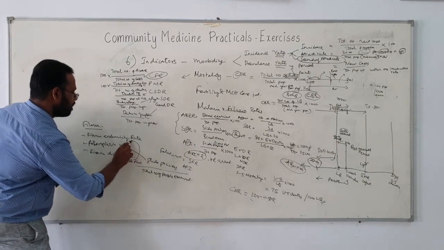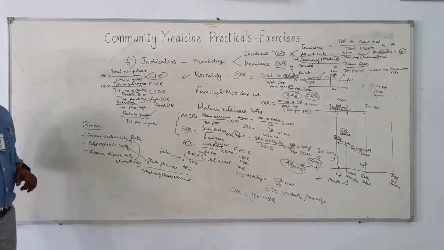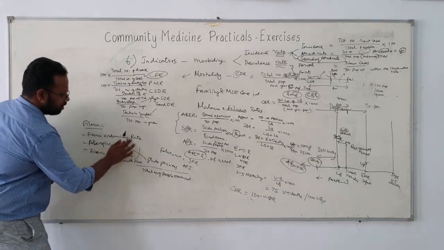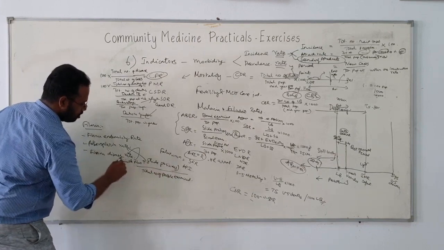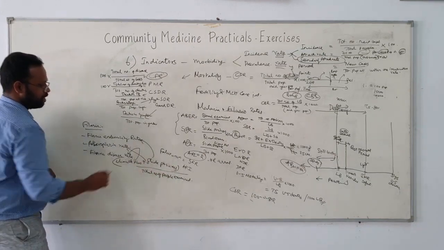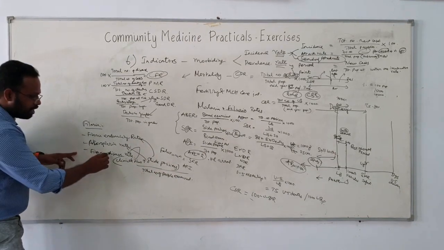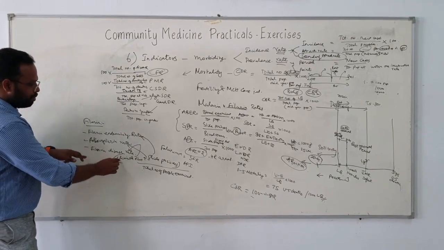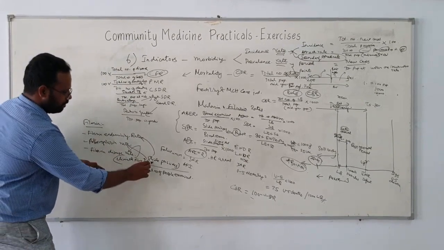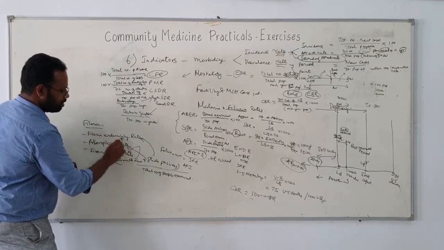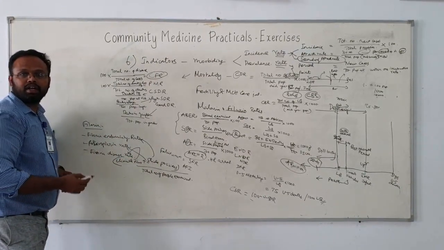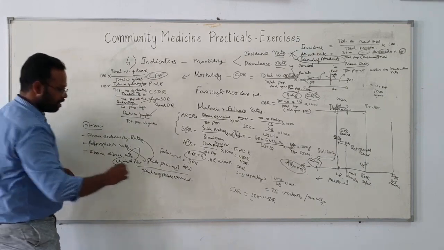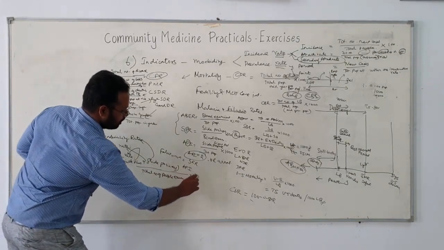That will be your filaria disease rate. Combining these two, it becomes filaria endemicity rate. So disease rate means disease should be exhibited. Microfilaria means slide positive should be there. Filaria endemicity means both combined. And this is expressed in percentage.